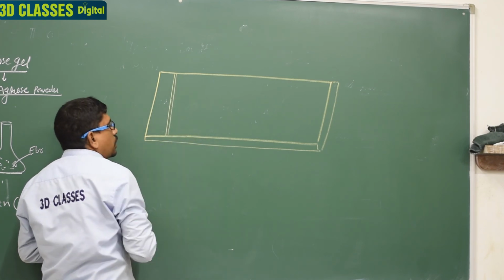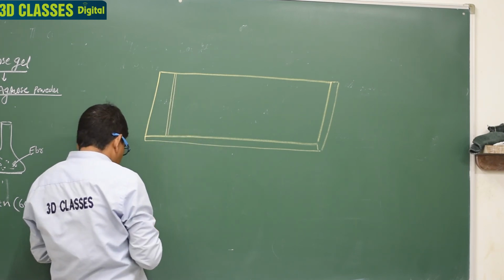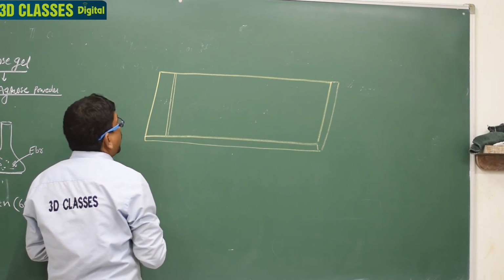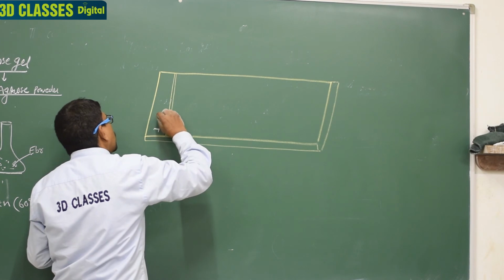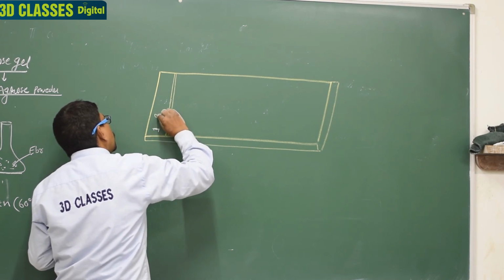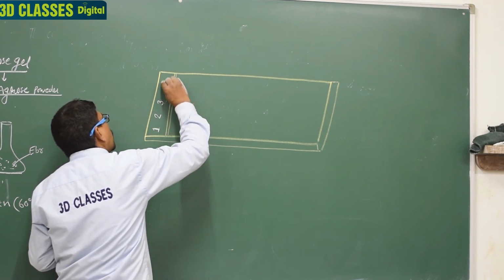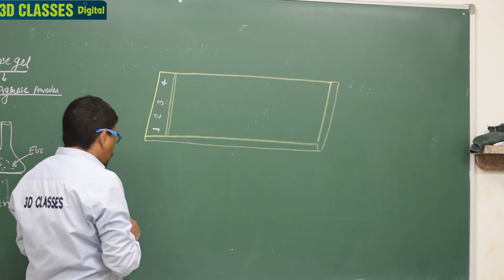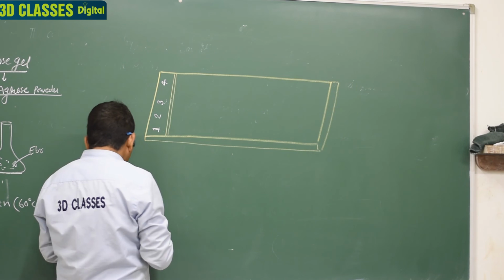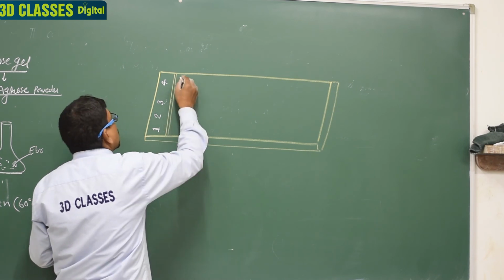So it is a gel plate. Here we give the numbers 1, 2, 3 and 4. These are the 4. Clear? And these 4 numbers represent the 4 valves.